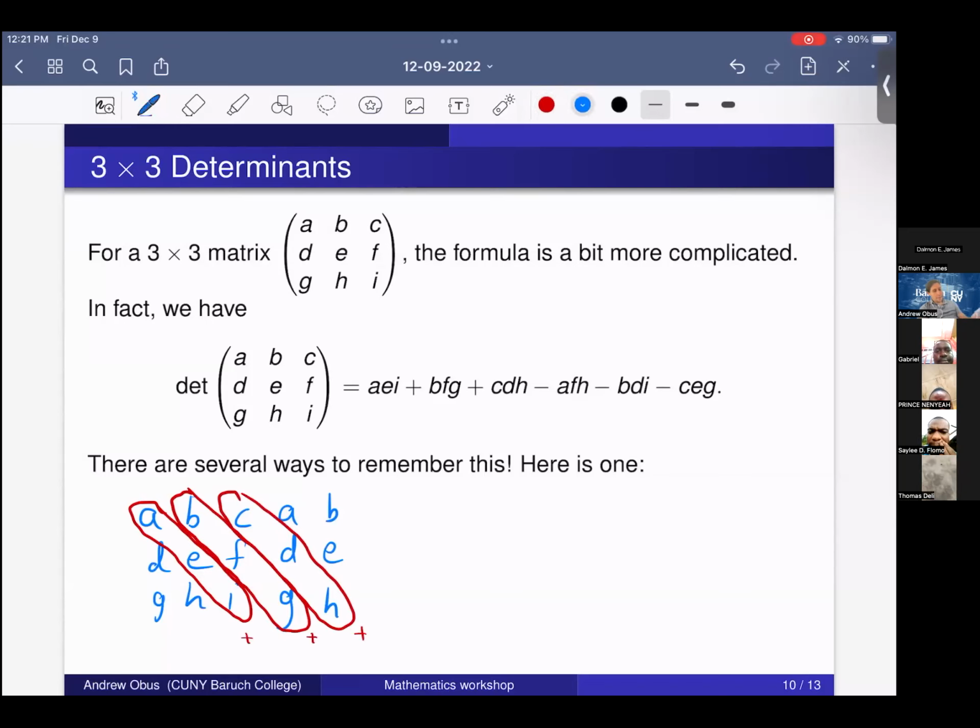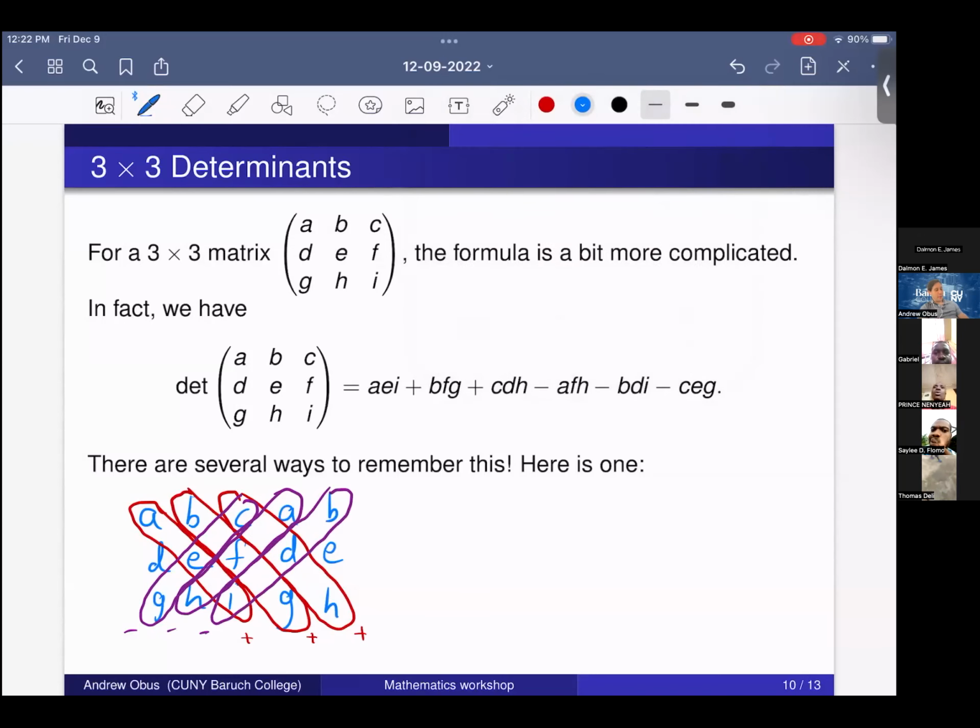And then I'll draw all the diagonals that go in the other direction, and I'm going to write minuses there.